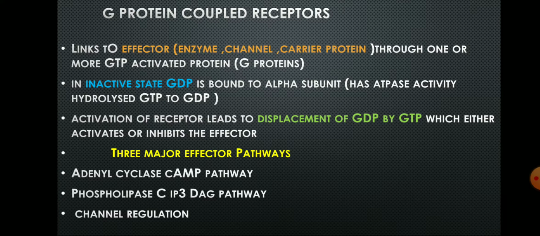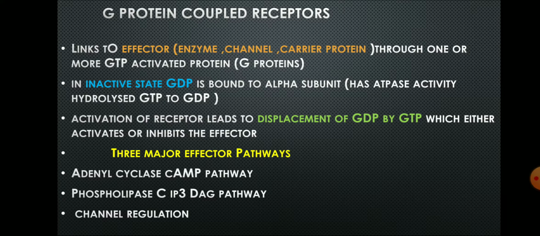What are the effector molecules? Different types: enzymes, channels, or carrier proteins. So when the receptor is activated, either an enzyme or channel is going to be activated or inhibited, right?